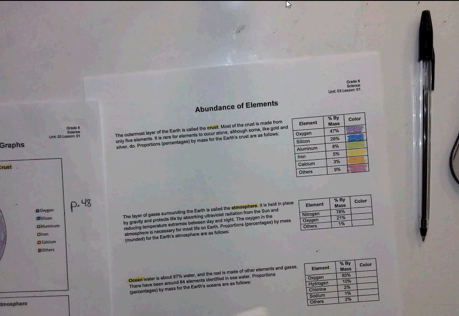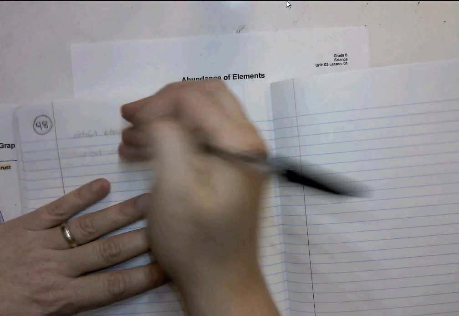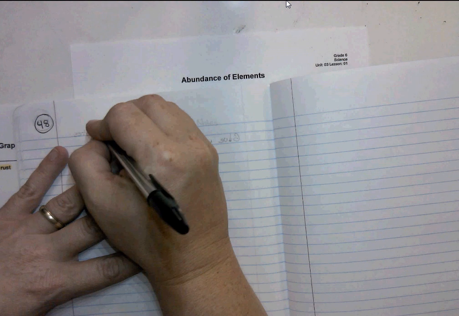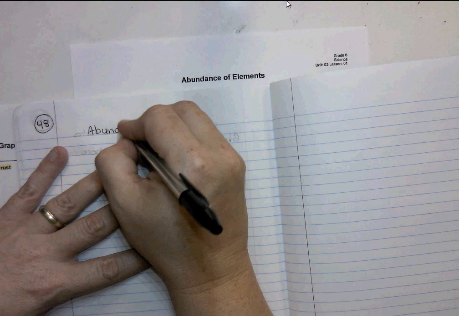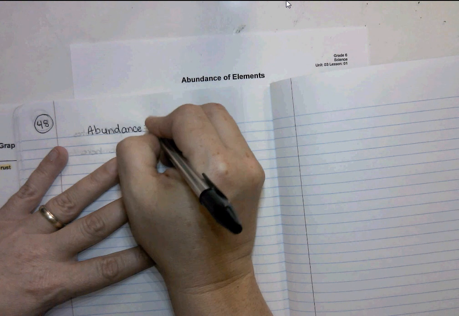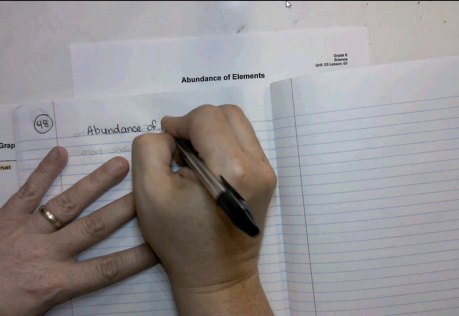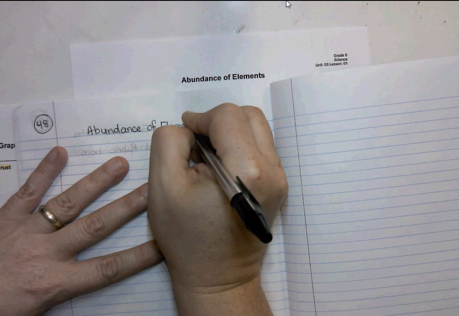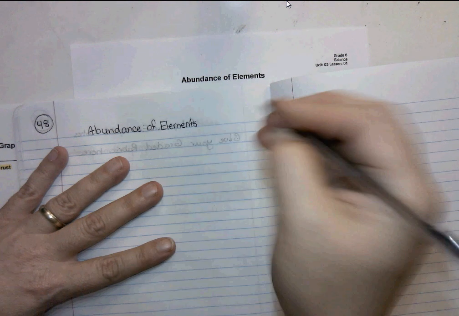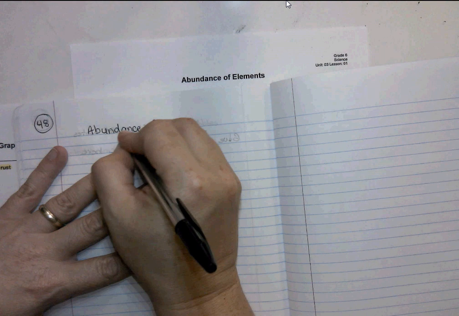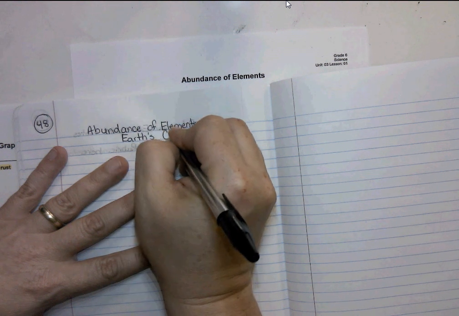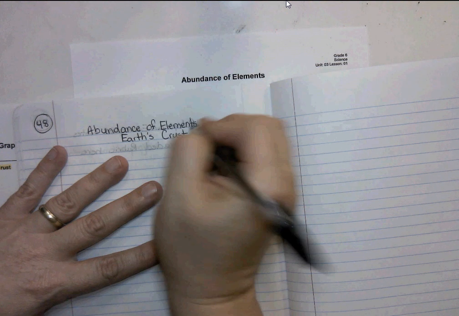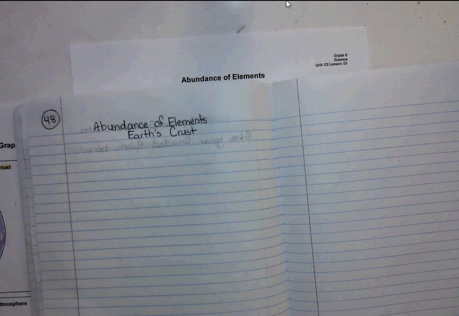And page 48 in my journal is going to be abundance, which means a lot of, elements, and then go down one layer and say Earth's crust. Just like that.